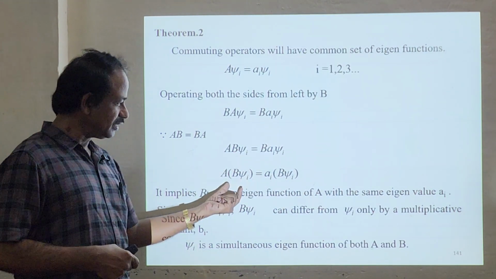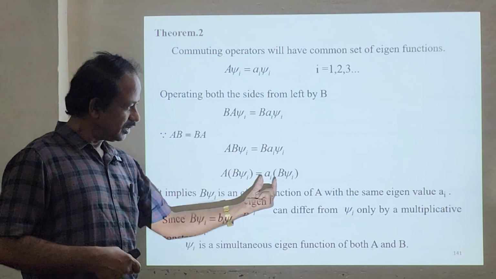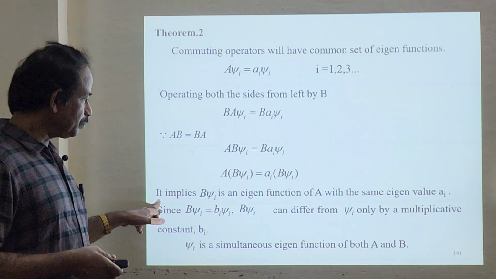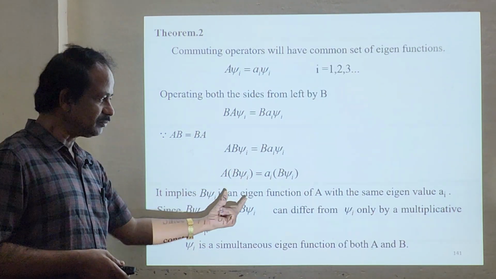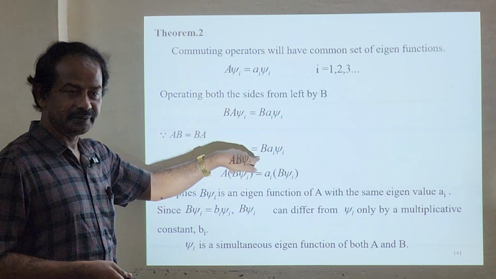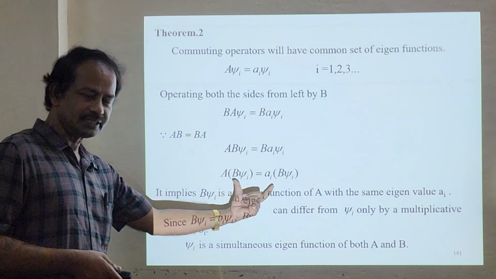So it implies that this also is an eigenfunction. It implies that B psi A is an eigenfunction of A with the same eigenvalue Ai. Is it clear?